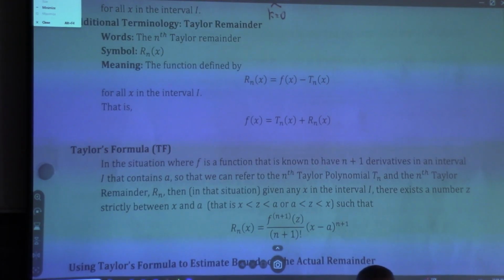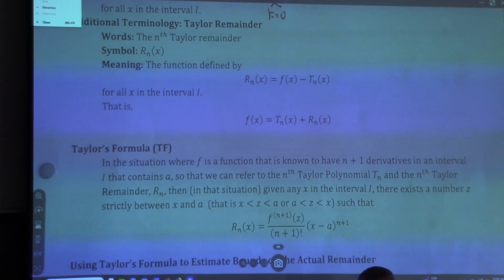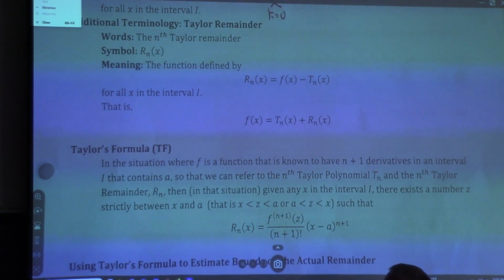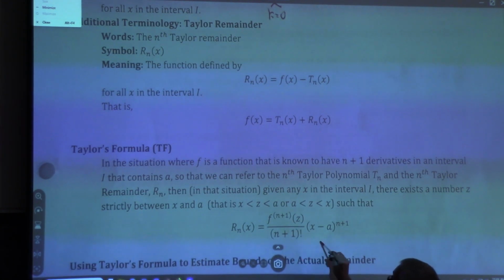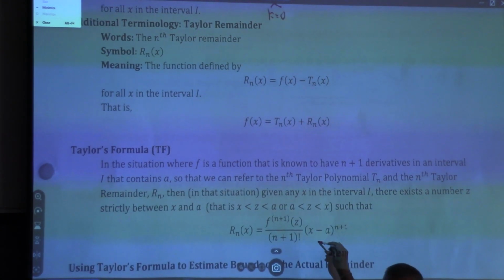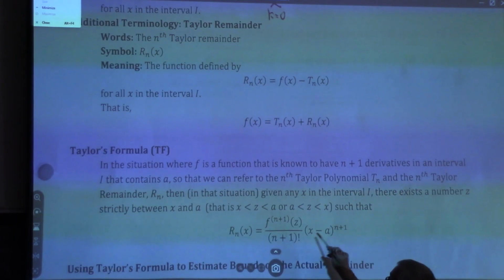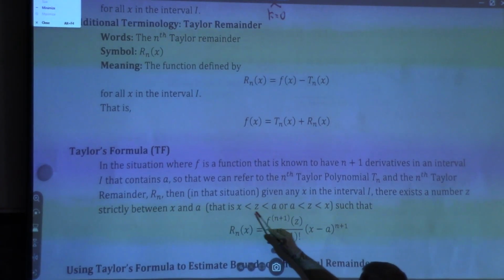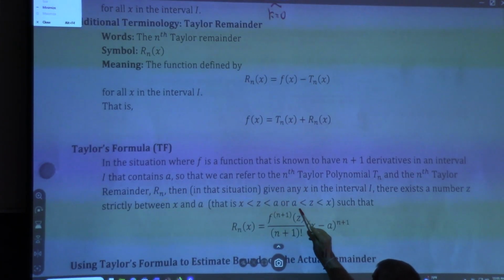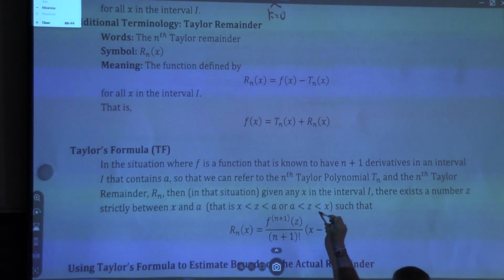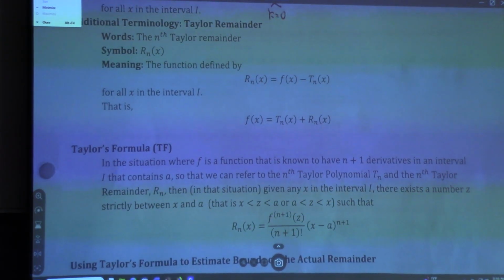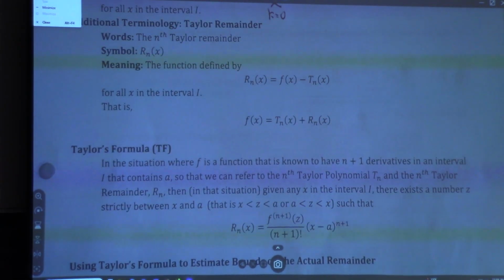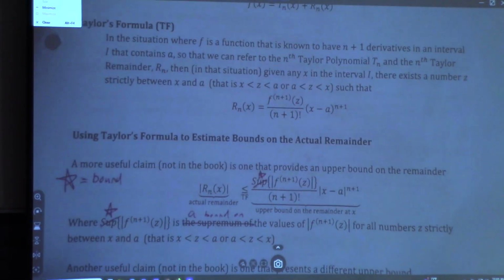In theory, that's great, but it doesn't do you any good if I don't tell you where it is. This is absolutely true, but it doesn't do you any good in its current form because it doesn't tell you where this z is going to occur. It's just going to occur somewhere in this interval, so somewhere in Ohio. So the way we actually use this is we use it to get bounds.